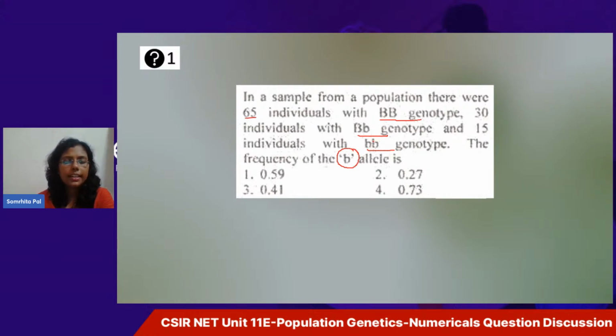So first jot down the data that is given to you. So here my capital B, or the homozygous genotype, the number is given as 65.